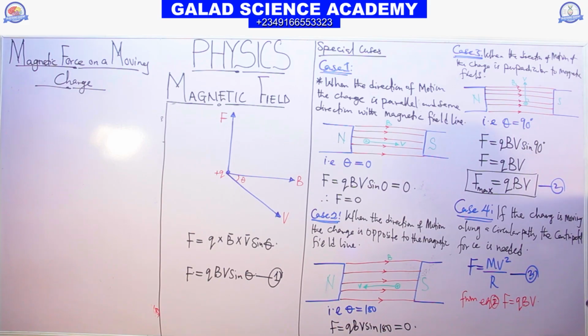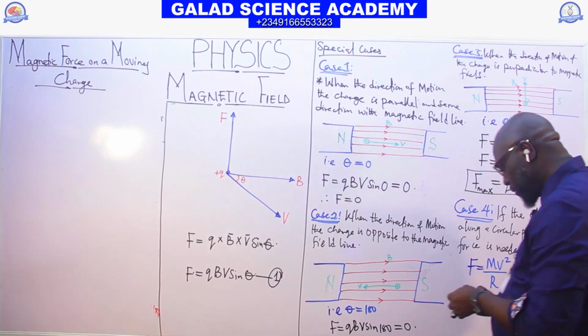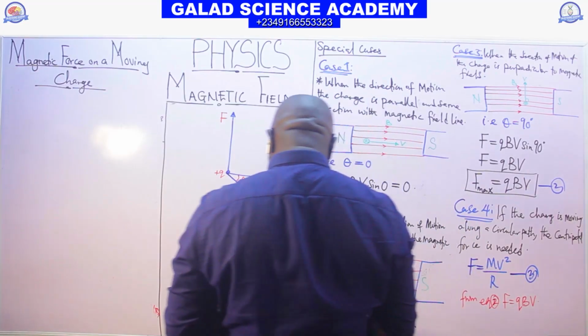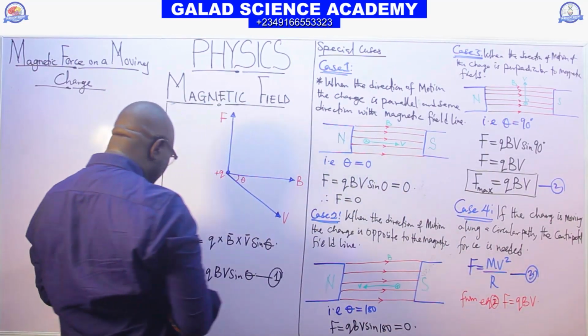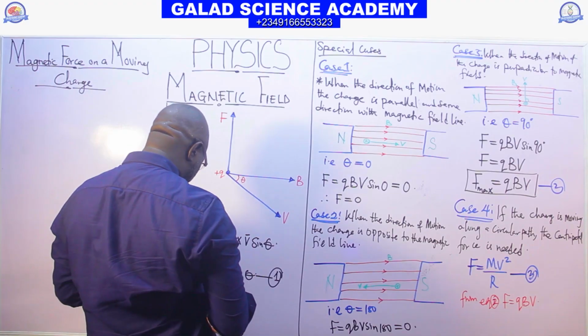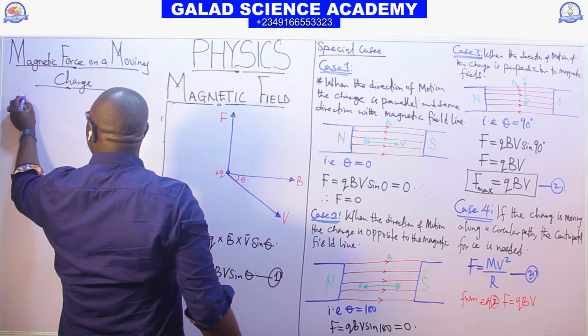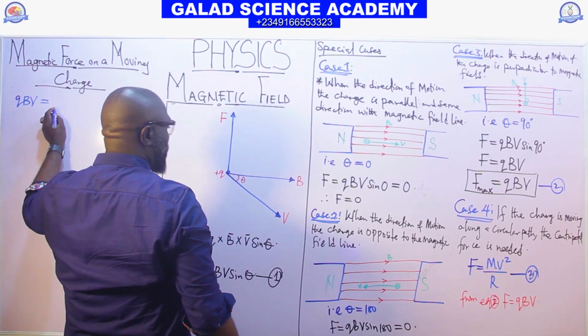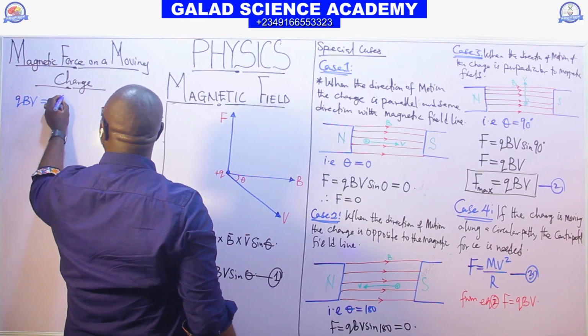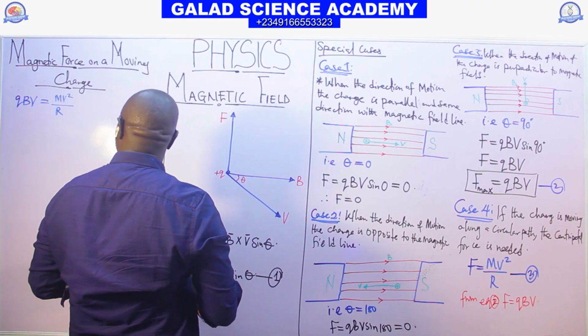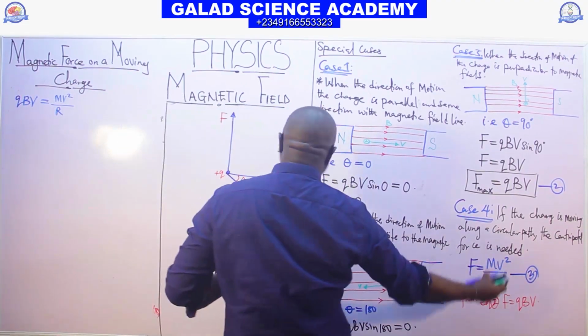Yes, let us equate the F together. By equating the F, we are going to have QBV equal to mv square over R. Good. Equate these two together.